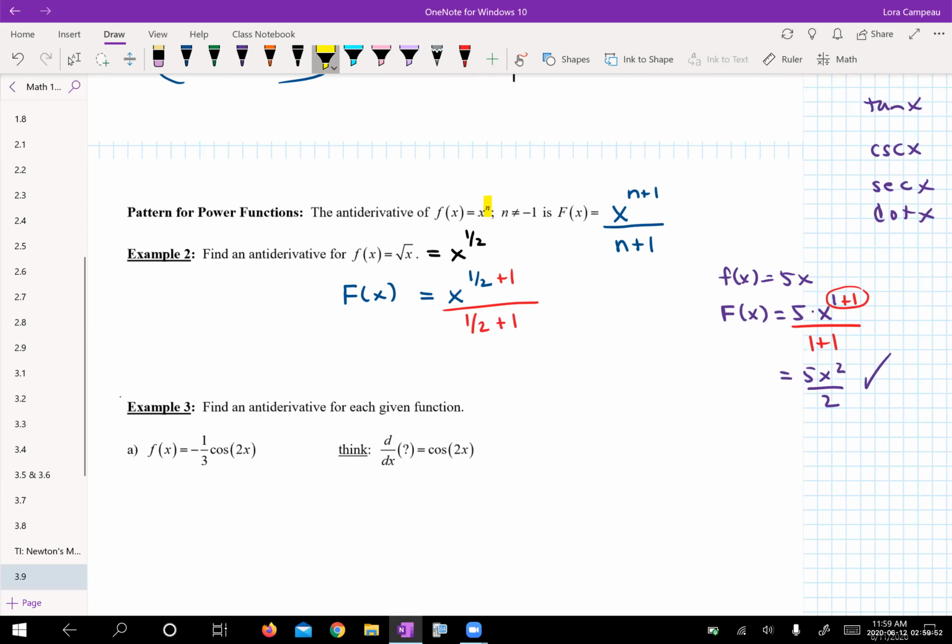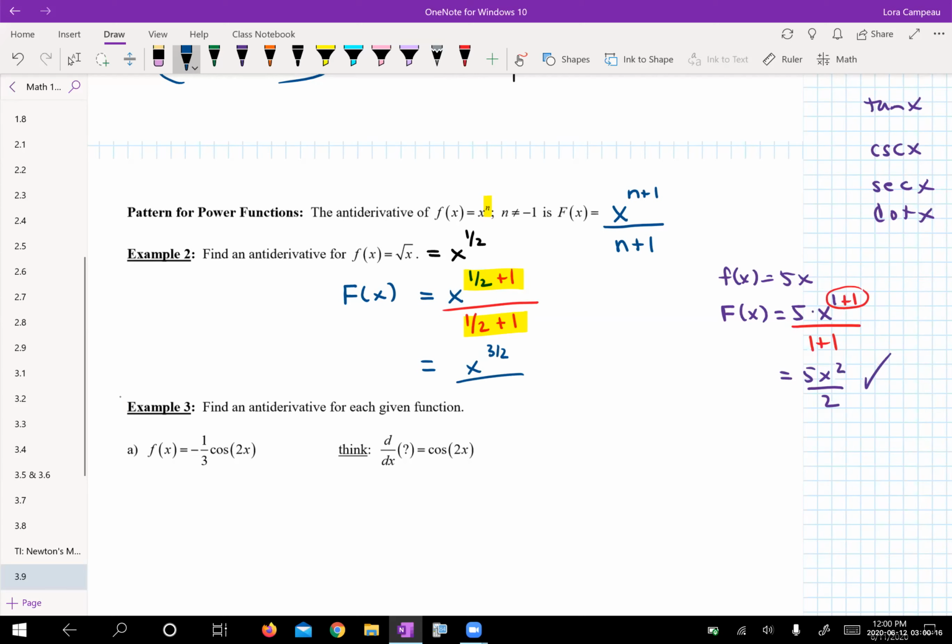So keep in mind, remember, it's not just the 1 you're dividing by, it's whatever the result is when you add 1 to the exponent. And especially if you have fraction exponents, I prefer to show this work out just so I don't get messed up on any of the math. So x to the 1/2 plus 1, 1/2 plus 1 is 3/2.